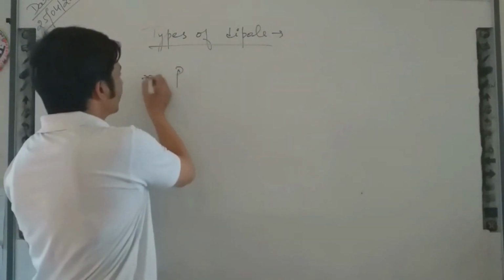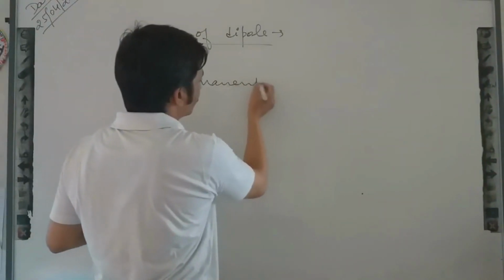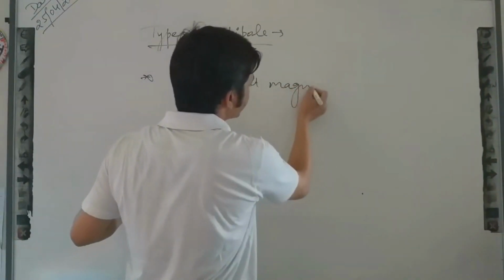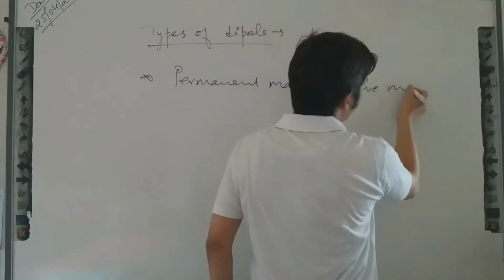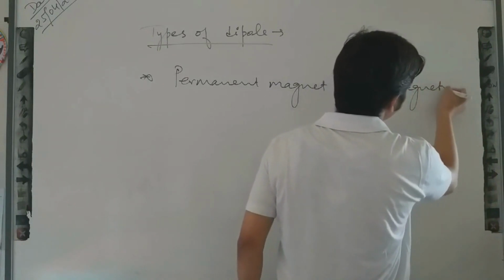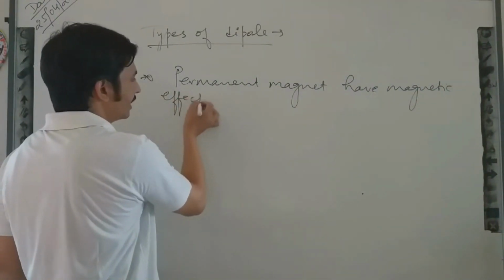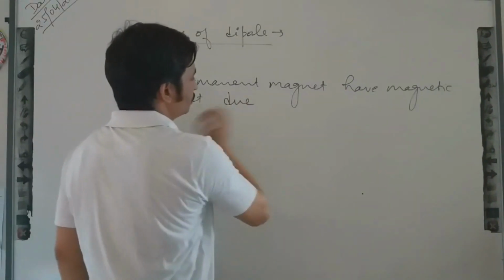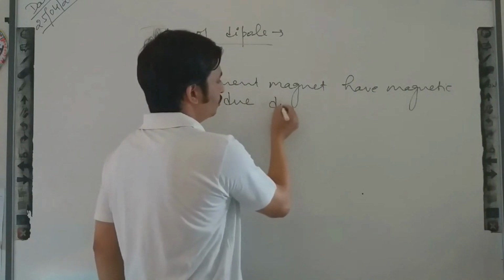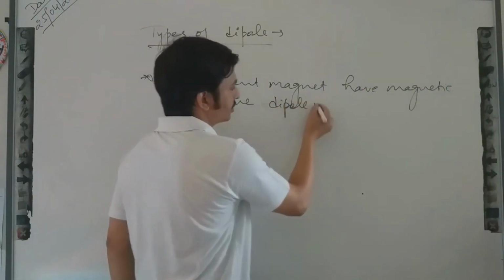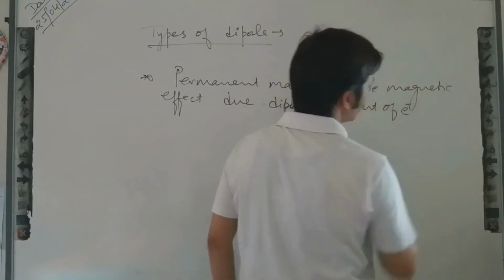Some permanent magnets have magnetic effect due to the dipole moment of electrons.